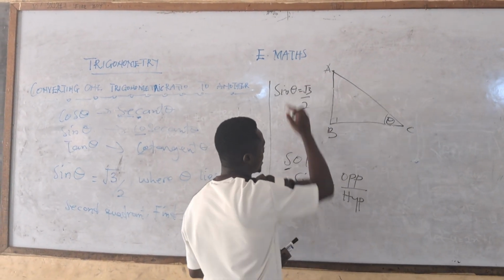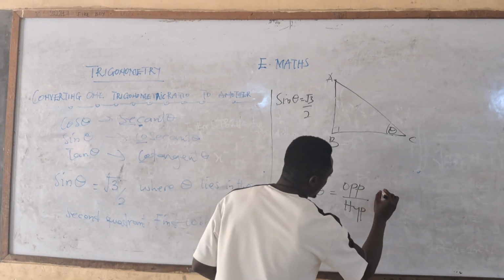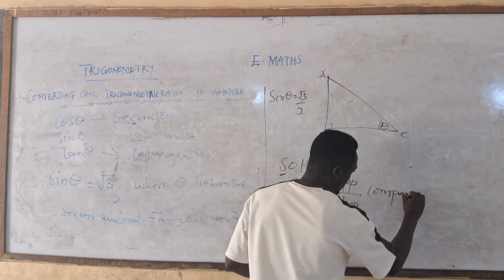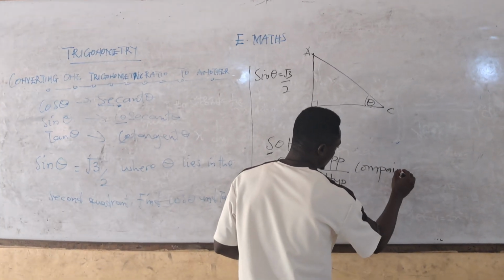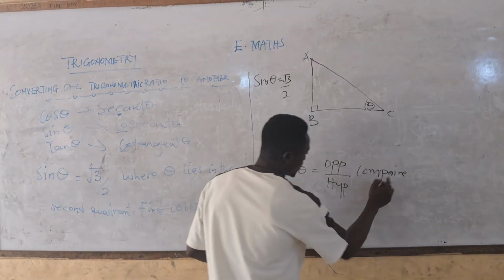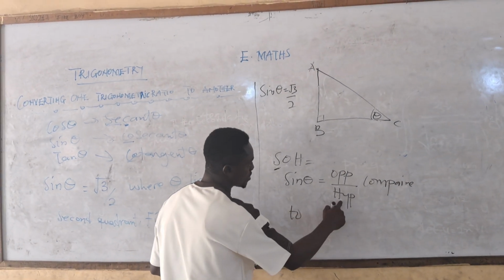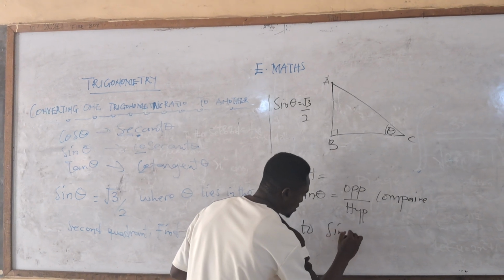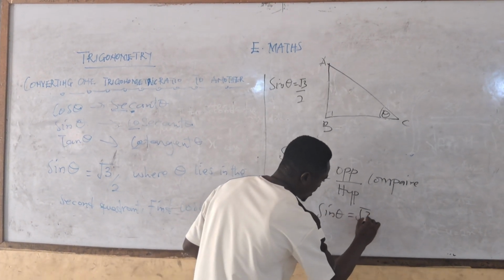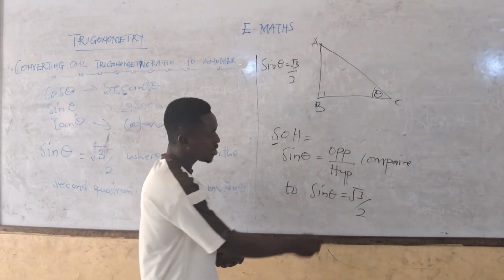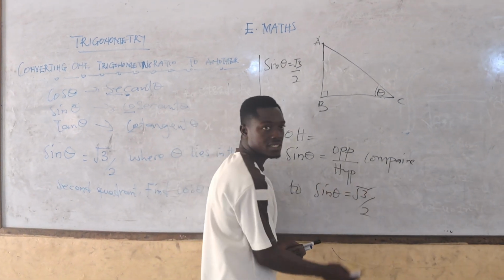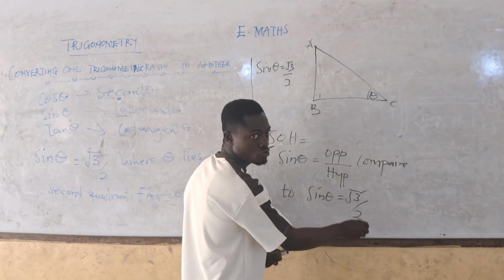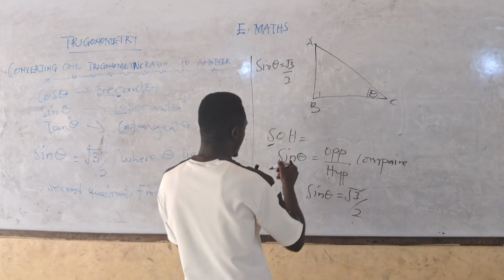So if you compare what you have here to sine theta equal to root 3 on 2, you can see that the opposite is root 3, then the hypotenuse is 2.